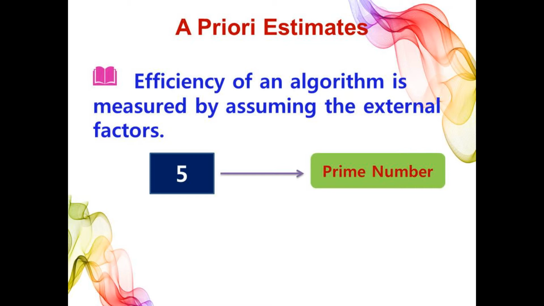This is a theoretical performance, a theoretical analysis of an algorithm. Here the efficiency can be calculated by measuring the external factors. For example, 5 is a prime number, brothers are male siblings, 3 plus 3 is equal to 6, x is red, x has a color.